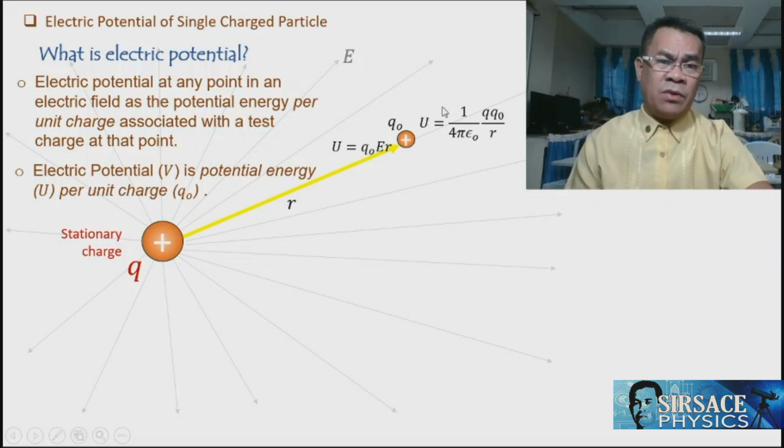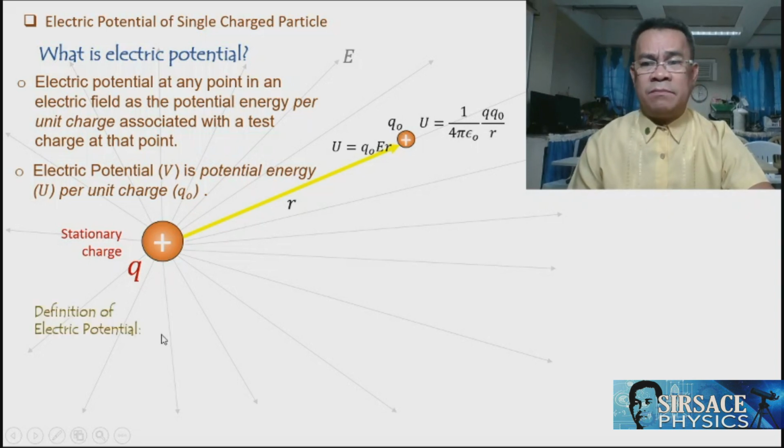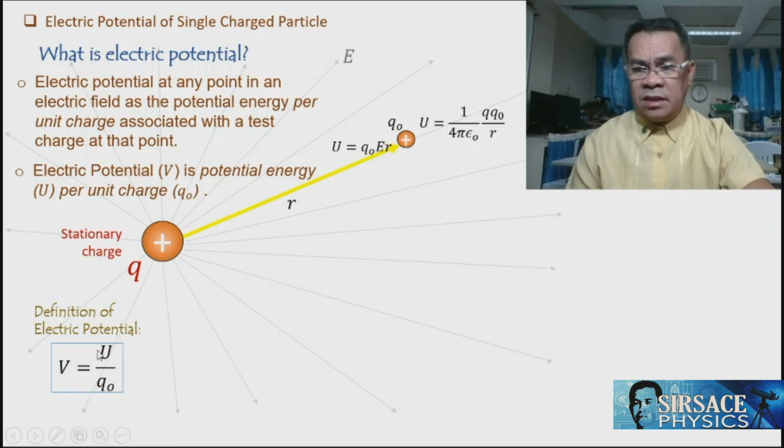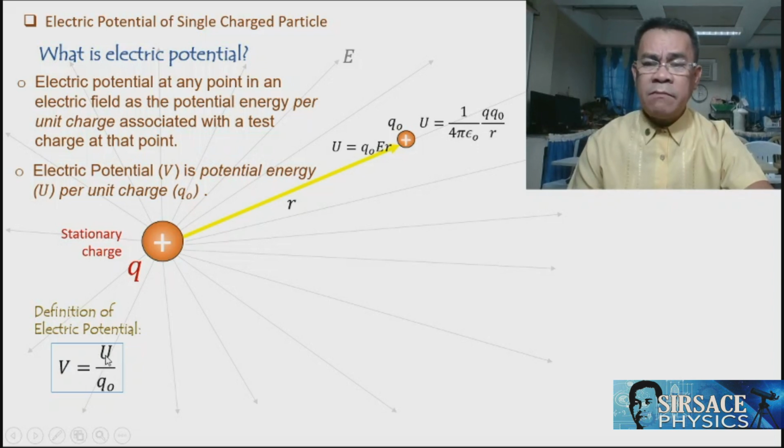Since we already know how much the energy is at that point, simply divide it by this charge. This is the definition of the electric potential based on the statement.